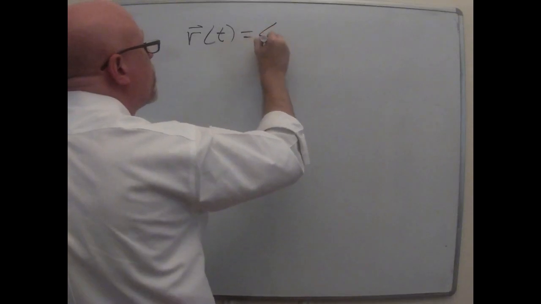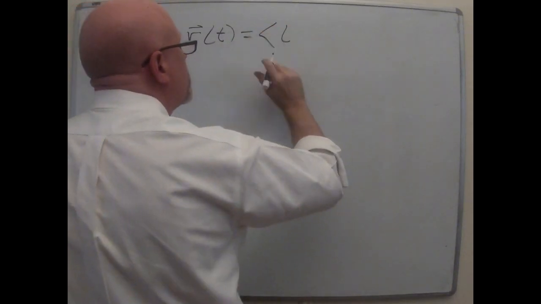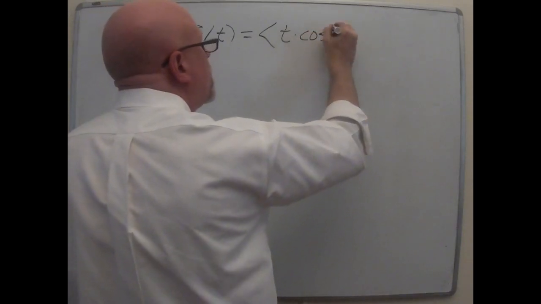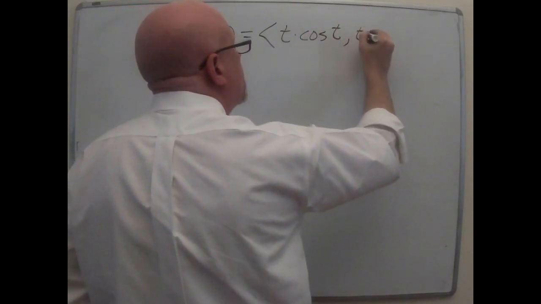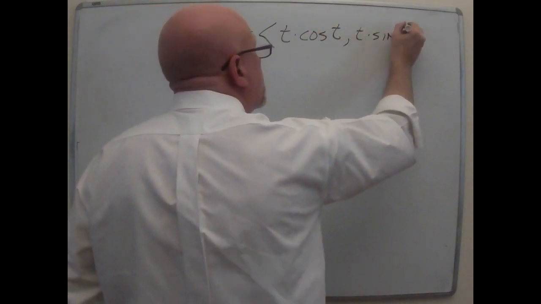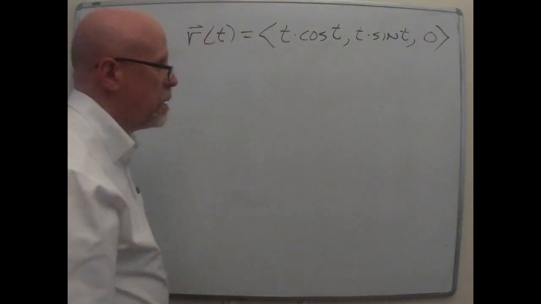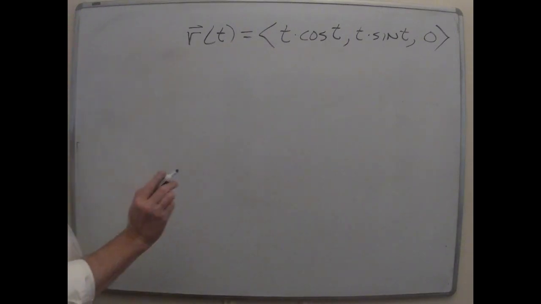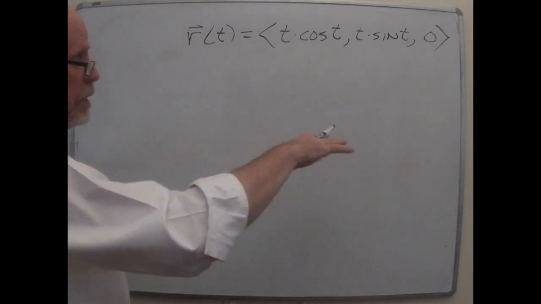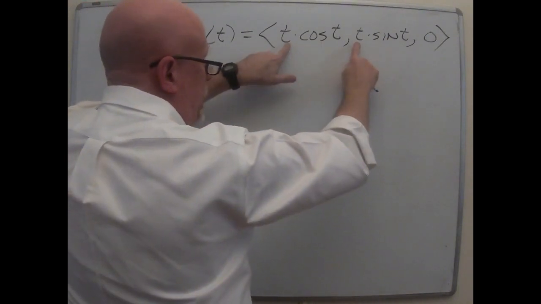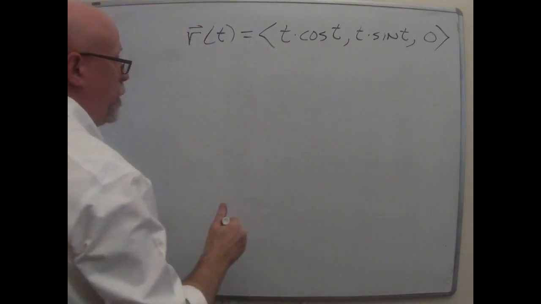So its coordinates were, well, the one I showed you wasn't this, but this is close enough. t times cos t, t times sine t, and 0. That's a spiral, not a helix. It stays in the plane z equals 0, and you can think of it as tracing around a circle whose radius is getting bigger and bigger and bigger as we go.